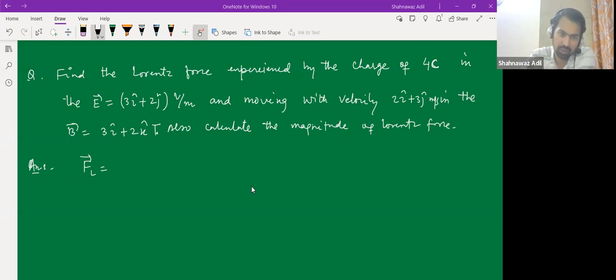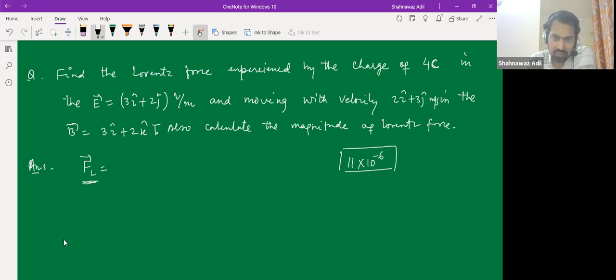Okay, so who's got 11 into 10 to the power minus 6? So this is what? Magnitude or this vector? This is what Mariam is getting. Okay, Aisha, what did you get?